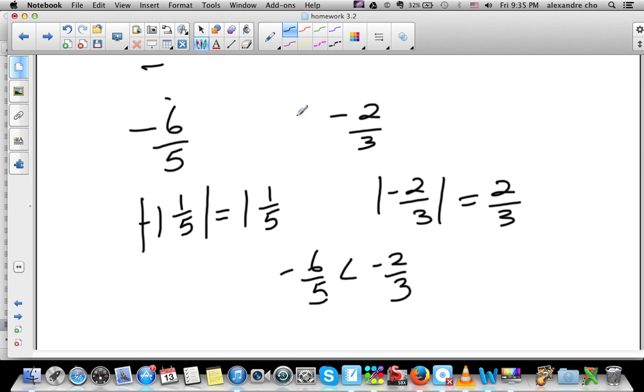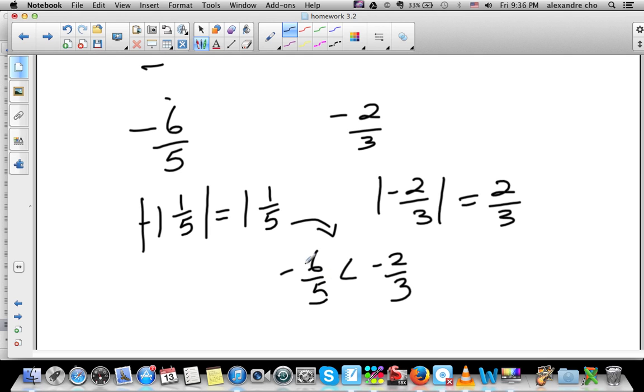I'm not sure I like his method of thinking, because he says the absolute value of negative 6 over 5 is greater. True. Because the absolute value is 1 1/5, and the absolute value of the other guy is 2/3. But because the absolute value is greater, he's thinking that because the absolute value of that number is greater, it makes this a true statement.